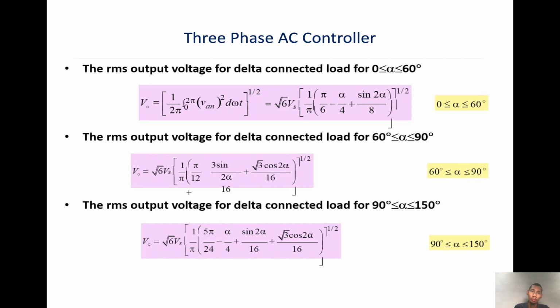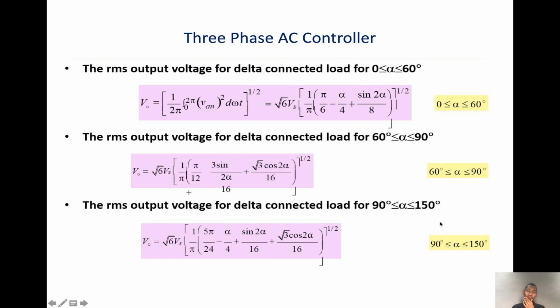Now the formulas. The RMS output voltage for delta connected load, for alpha between 0 and less than 60 degrees, VRMS is square root 6 Vs times the square root of (1/pi)(pi/6 - alpha/4 + sin 2alpha/8). For alpha between 60 degrees and 90 degrees, the formula is similar with its own terms.